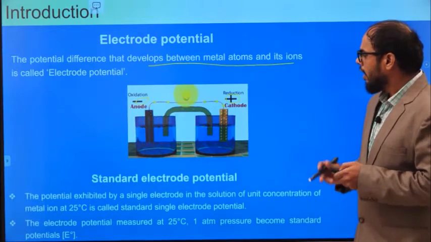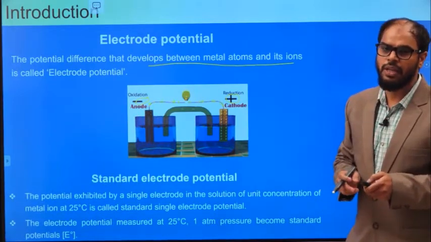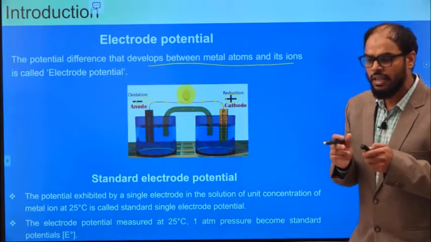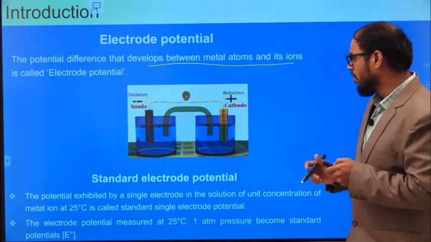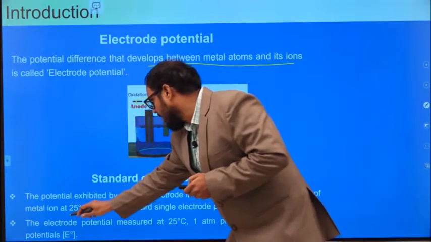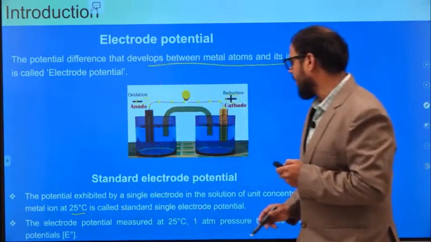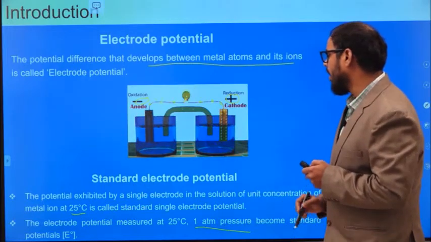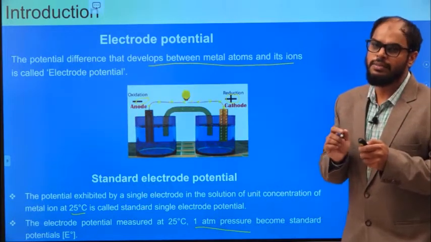And if we want to find out the electrode potential of any unknown electrode, it has to be measured at a standard condition. The standard condition is 25 degrees centigrade, 1 atmosphere, and 1 molar per decimeter cube.